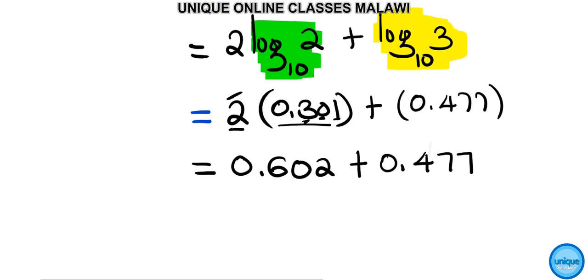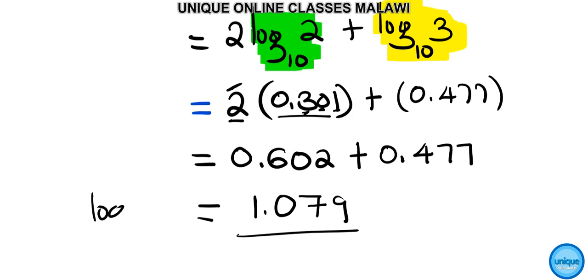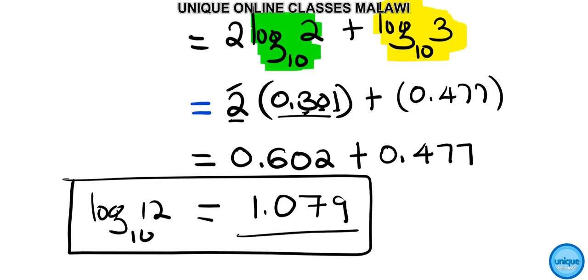Remember, we are not using a calculator, but you can use it now for the addition. 0.602 plus 0.477, the answer is 1.079. So log of 12 base 10 is 1.079.